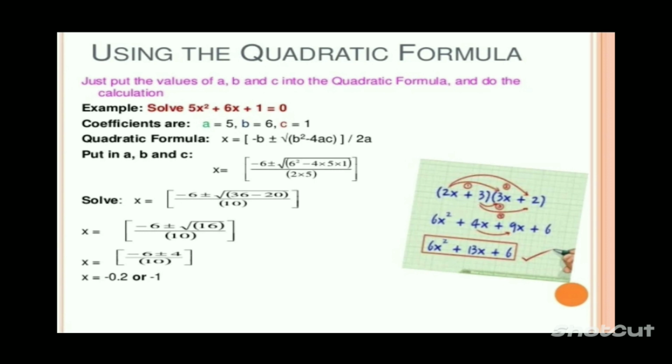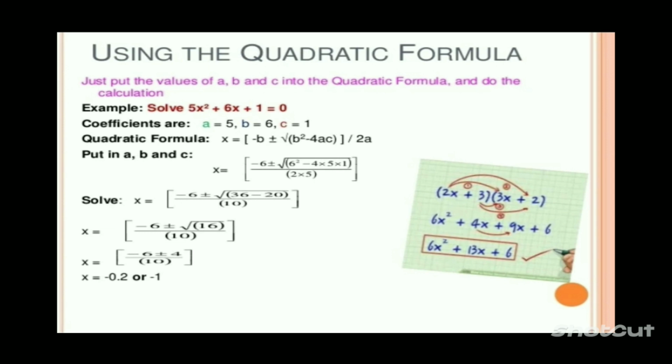Using the quadratic formula, just put the values of a, b, and c into the formula and do the calculation. Example: solve 5x squared plus 6x plus 1 equals 0. So the coefficients are a equals 5, b equals 6, and c equals 1.